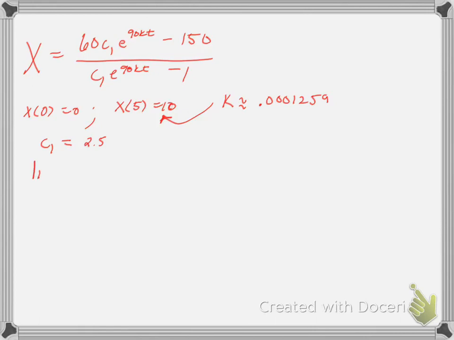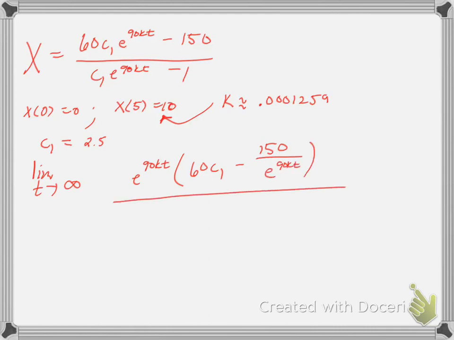But remember, the limiting value is taking the limit as t goes to infinity. And so what I'm going to do is what I call force factoring. If you had me before, you know what that means. You might know it as something else. But I'm going to factor out e to the 90 kt from both terms, the numerator and the denominator. And so we're going to get something like this.